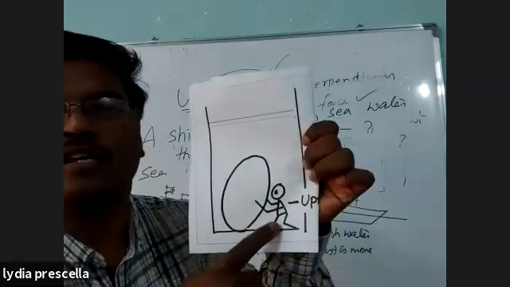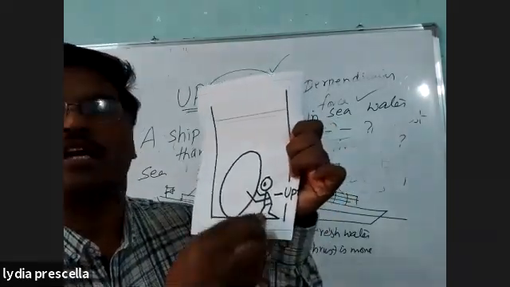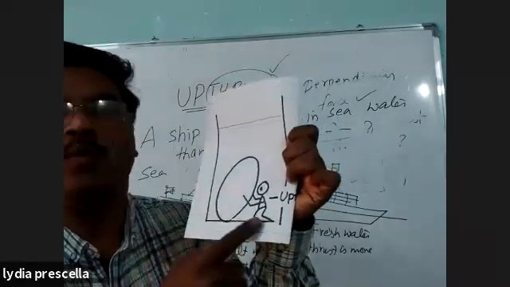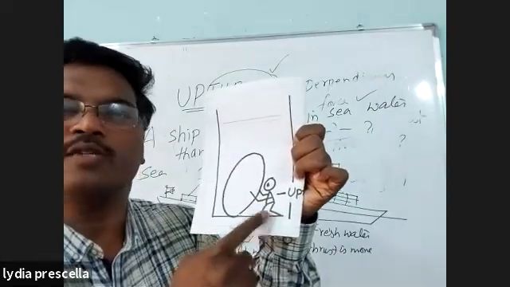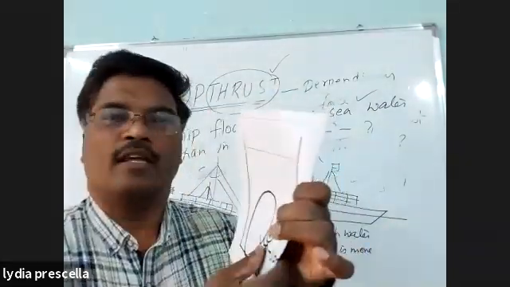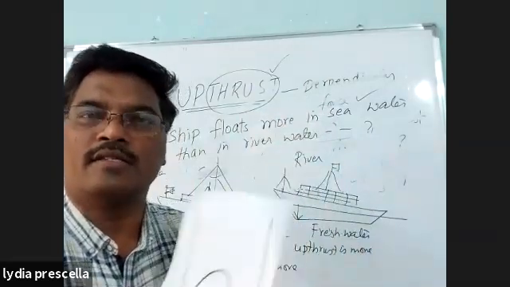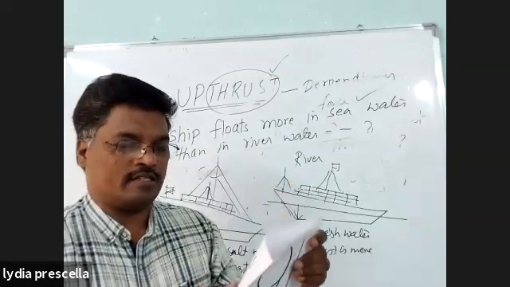That is the upthrust. This upthrust cannot push it up. It is very weak. The upthrust of fresh water is very weak. Now I added salt to that. Now the density increases. And the upthrust also increases.